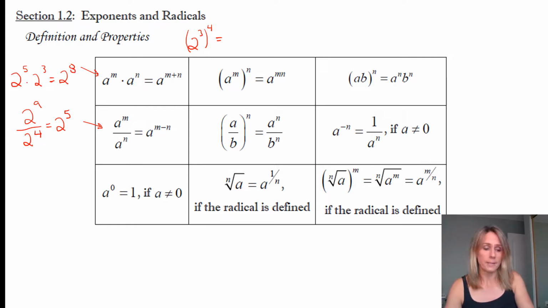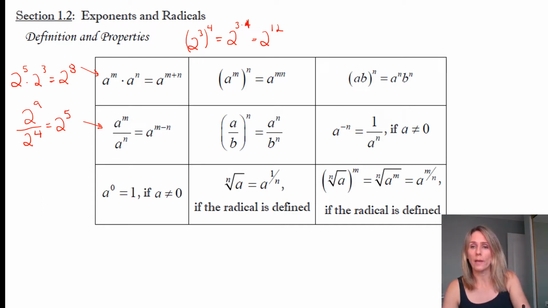So the rule here that's happening, as you can see, is a multiplication of the exponents. So 2 to the 3 times 4, which is 2 to the 12th. That's what's happening.